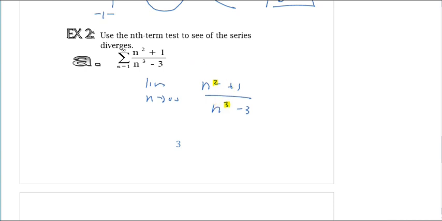So don't worry about the rest of this junk. The rule was if the degree in the bottom is bigger than the top, it basically goes to 0. So here we need another test. It doesn't diverge, and it doesn't converge with this test, because it's equal to 0.